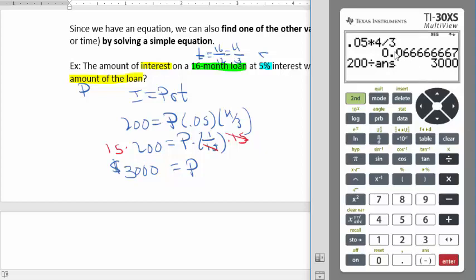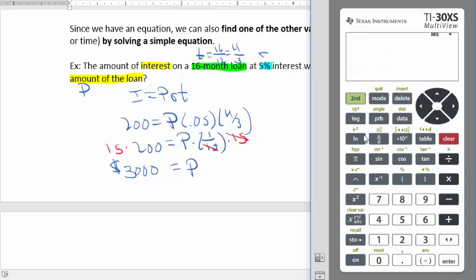So bottom line is if you have a crazy decimal like this in the calculator, you don't want to clear it out. You want to leave it in there because that's stored more precisely than if you just rounded it to like 0.0667 or something like that, okay? So you want to leave it in there and then recall it as the answer when you're doing a calculation. So 200 divided by the answer gave me 3,000. So that was my amount of the loan.